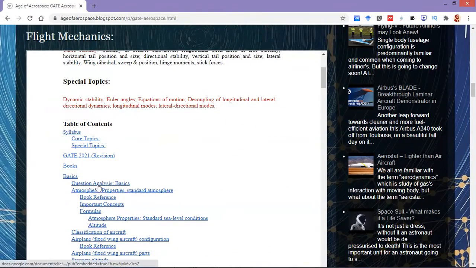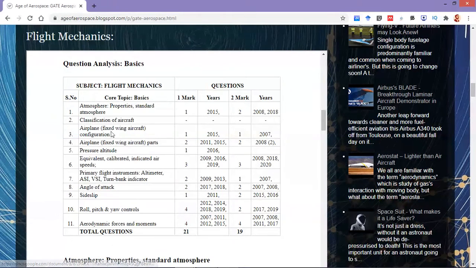And now starting with the question analysis, here we can see the question analysis for the core topic basics, which is under the subject flight mechanics. So under this core topic basics, there are about 11 subtopics. Now, in this session, we will be focusing on this particular topic, atmosphere properties, standard atmosphere.